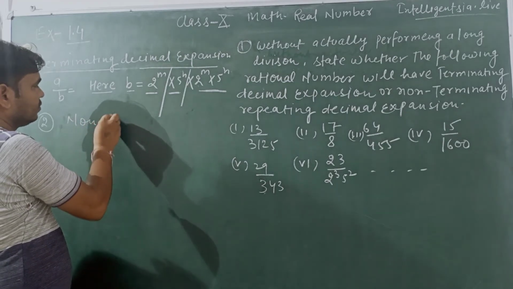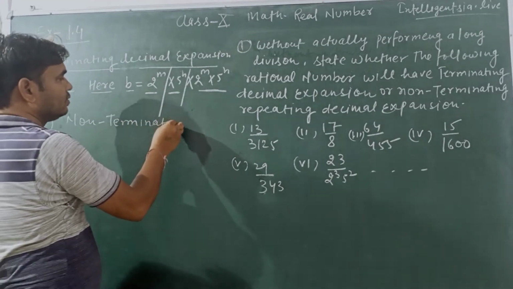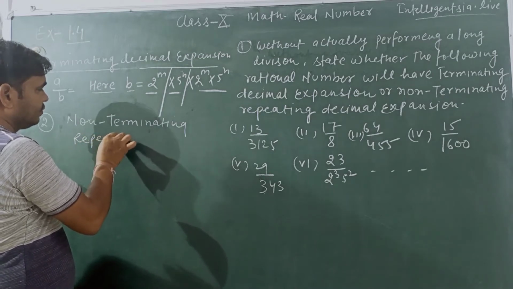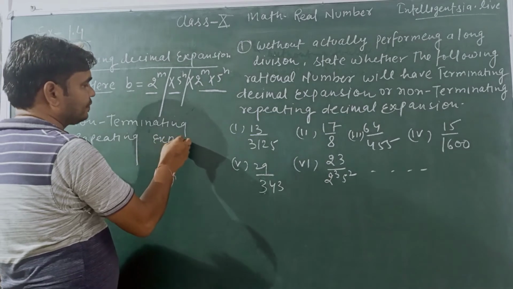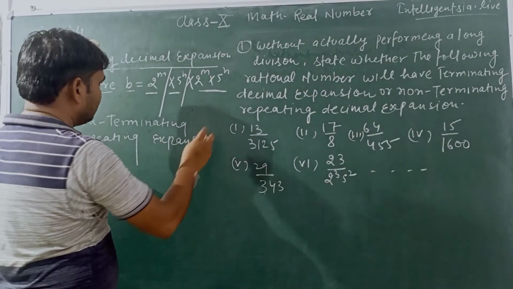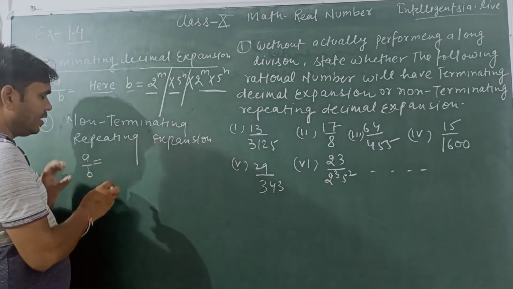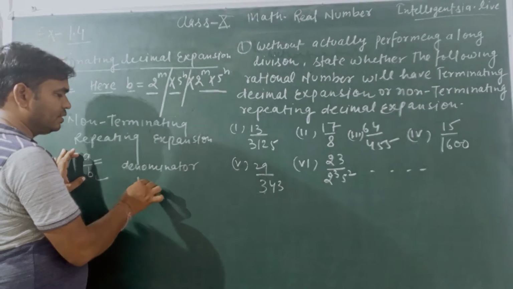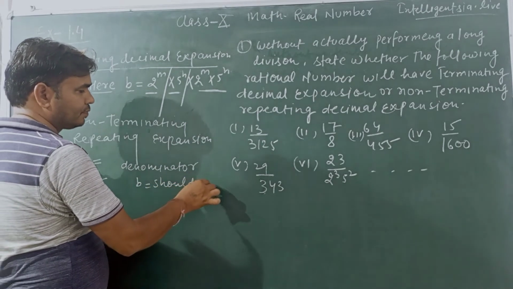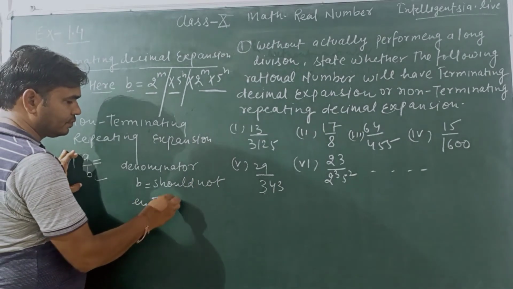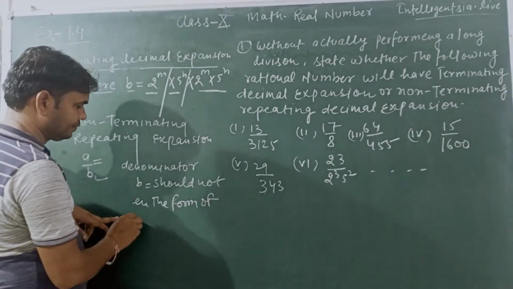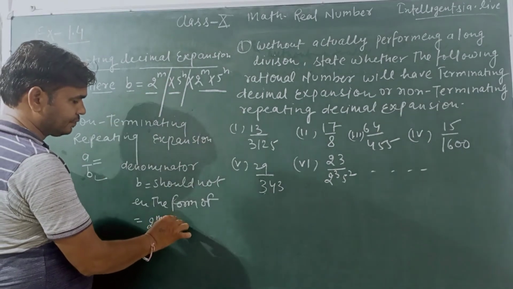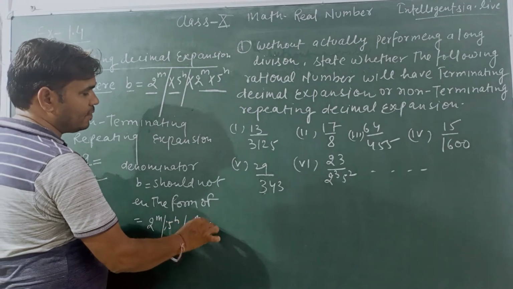Non-terminating repeating expansion. So here you see students, a over b, it means the denominator should not be in the form of 2 to the power m and 5 to the power n, and 2 to the power m and 5 to the power n.